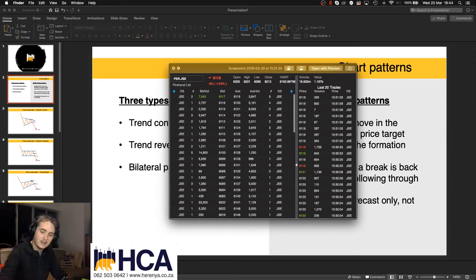They don't mind taking as long as it takes. They want 62 and not a cent less. So the trader appointed to execute that trade puts in an order, or basically just waits around until the price gets to 62, and when it gets to 62 he's willing to sell whatever you want. You want to buy anything at 62, he's there, happy to fill your order. So the price can't get above 62.